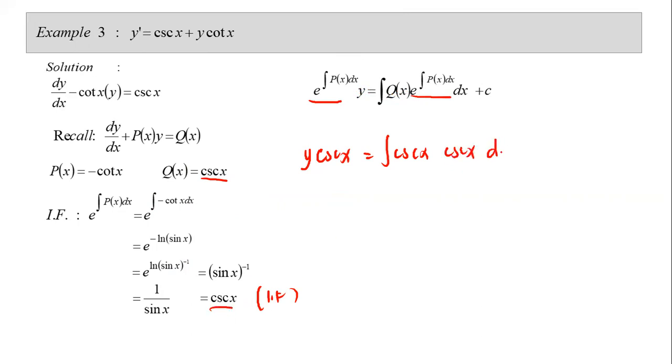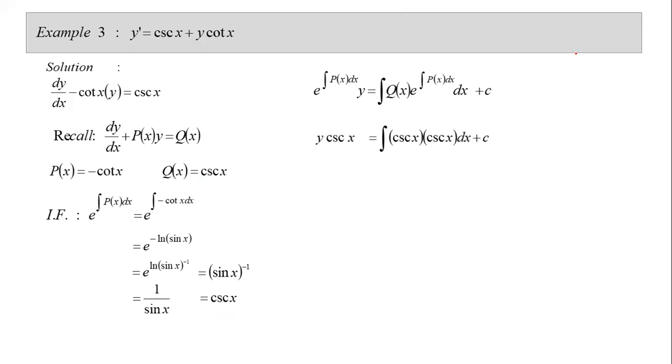All right, and then you just simply affix dx, and then you add c. Okay, and then you can now see that this cosecant x times cosecant x is cosecant squared x. All right, and you know that the integral of cosecant squared x is negative cotangent of x.